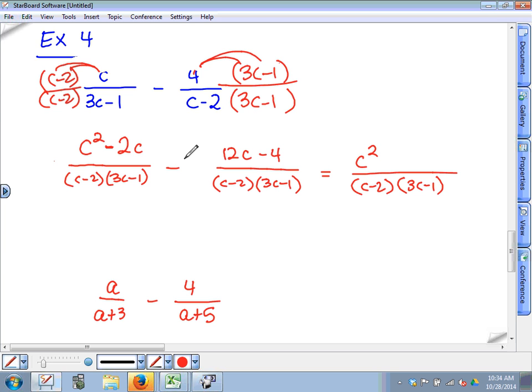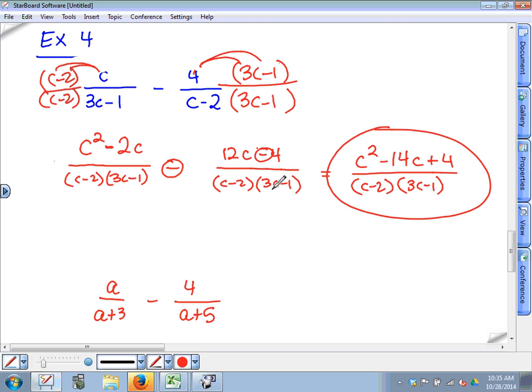Negative 2c minus 12c is negative 14c. Minus 4. Oh, plus 4. Minus a negative 4 is plus 4. All right. That's about as far as we go with that problem.